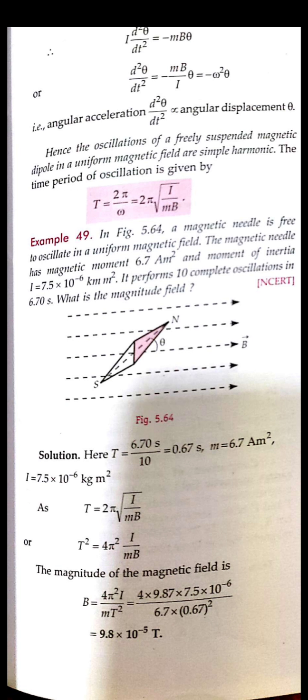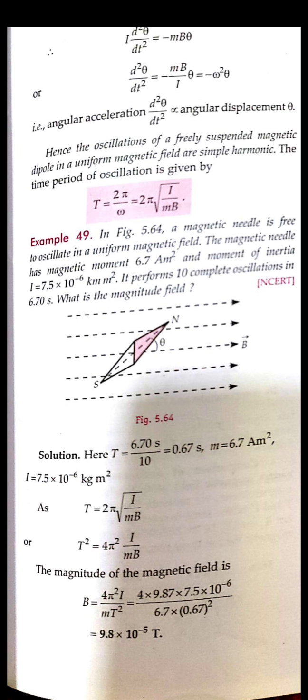We already know that the value of T is equal to 2 pi under root I upon mb. So from there we can find out the value of b also, that is 4 pi square upon T square times I upon m. So on keeping these values, the 4 will be the same. For pi square it will be 3.14 whole square.